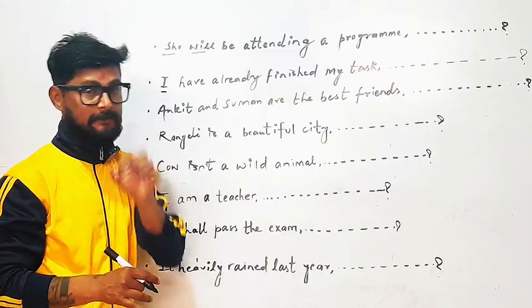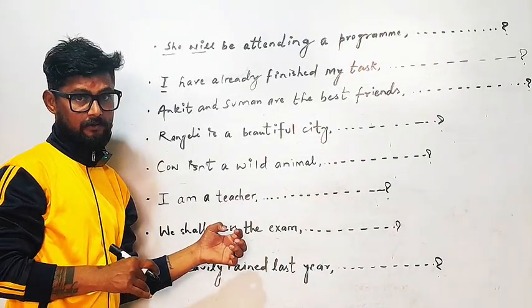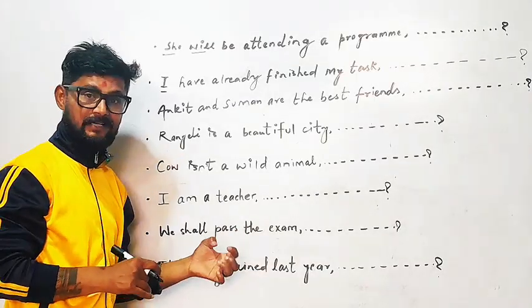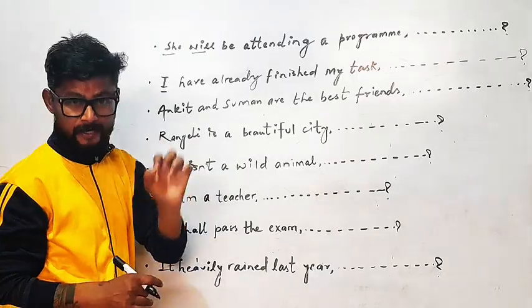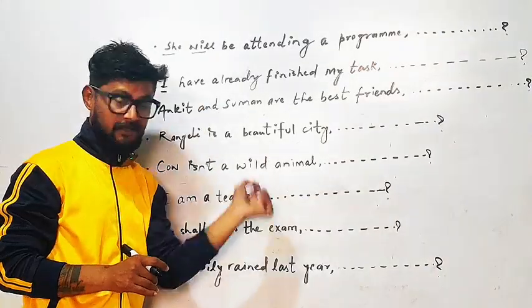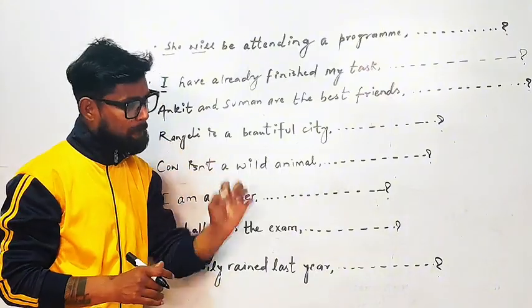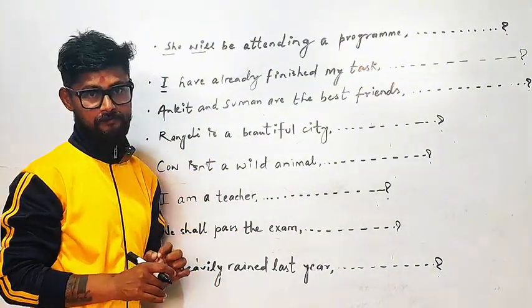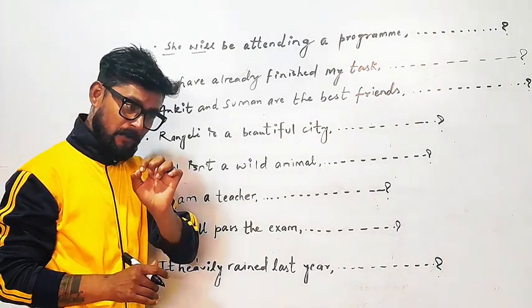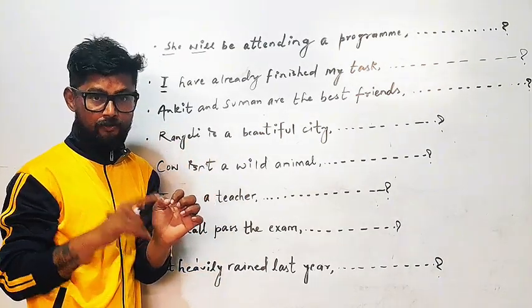Do you know? Didn't. Remember that. When we change the sentences into negative, if there is verb 2, that must be converted to verb 1 after adding didn't. Didn't plus verb 1.